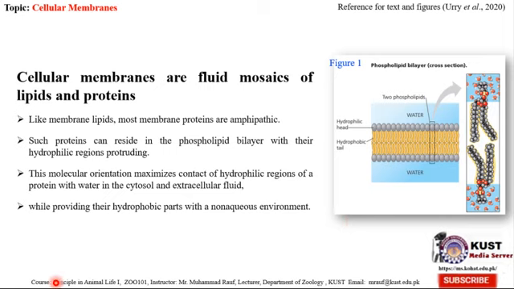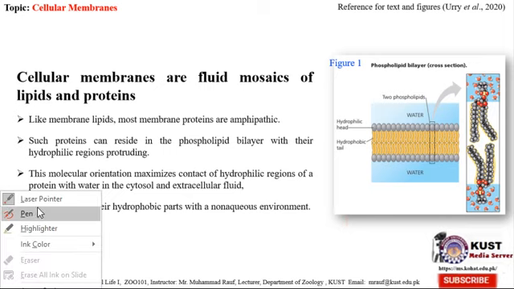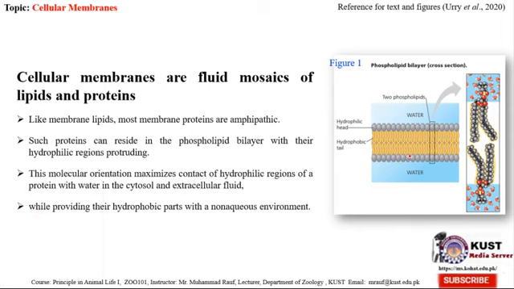So the proteins which are embedded in the plasma membrane are also amphipathic. The region which is facing outward and the other which is facing inward, both are aqueous environments.